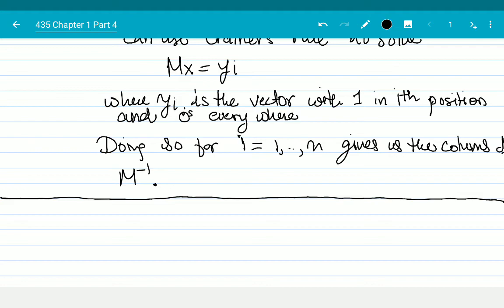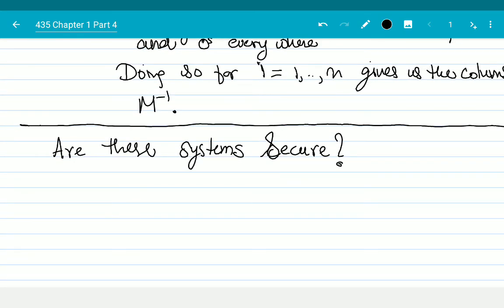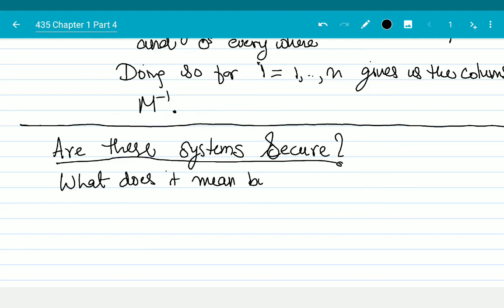Okay, so are these systems secure? The biggest question we first need to answer is, what does it mean by these to be secure?